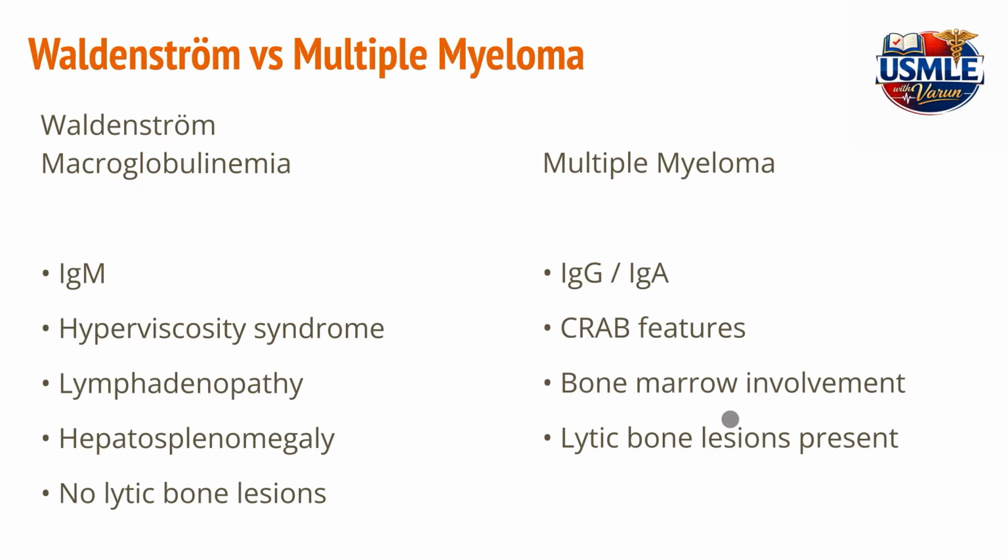There's also involvement of bone marrow in multiple myeloma, whereas in Waldenström macroglobulinemia, there are no lytic bone lesions and very little bone involvement. But there's hyperviscosity syndrome, where the patient presents with dizziness, blurred vision, headaches, neurological symptoms, and Raynaud's phenomenon.